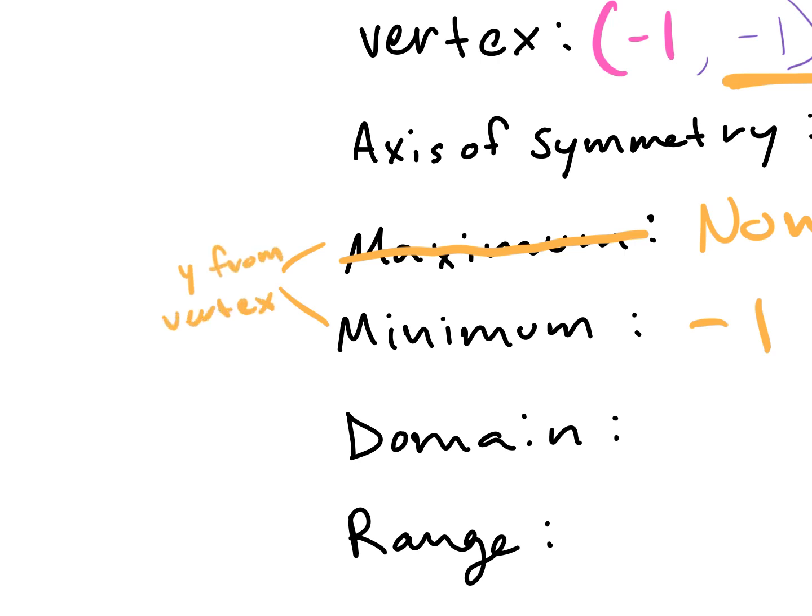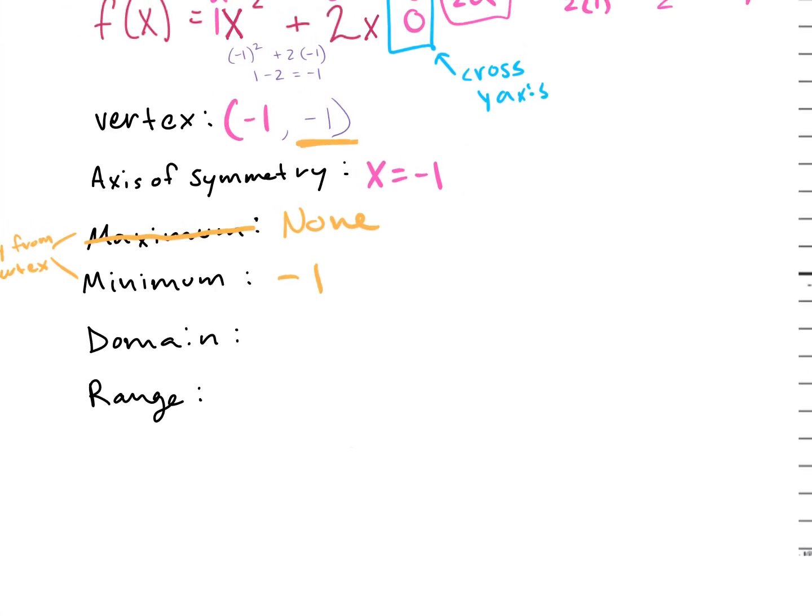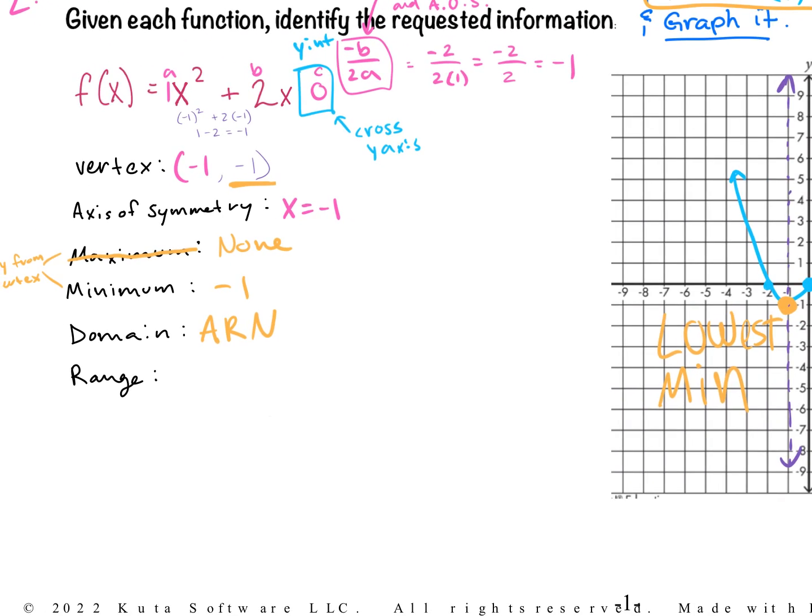What's our domain? All real numbers. Your domain is always all real numbers. No math required for domain. All real numbers. Now our range is always y. It's either going to be greater than or equal to or less than or equal to whatever our y is.